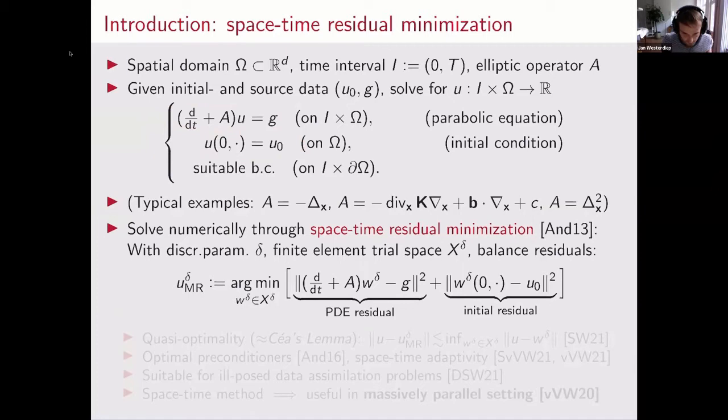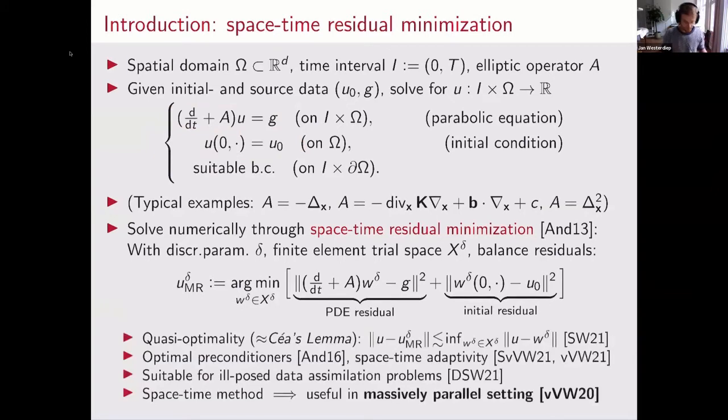And as we saw from Johannes' talk, this has a couple of nice properties. Firstly, we have this quasi-optimality, which means that the error in your solution is, up to some constant, the best error you can get from your trial space. And we can do space-time adaptivity, as we already saw. And for this particular method, we can also devise optimal preconditioners.